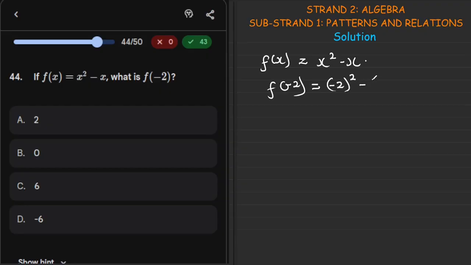Then minus, also in place of this x, we have negative 2. Negative 2 all squared simply means negative 2 times negative 2. The negative times negative gives us positive. So we have positive 4, then minus, and then negative here also gives us a positive. So we have what? 2. Which then gives us what?